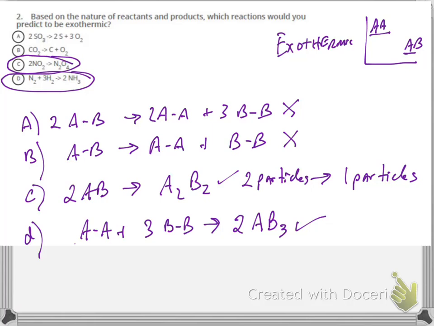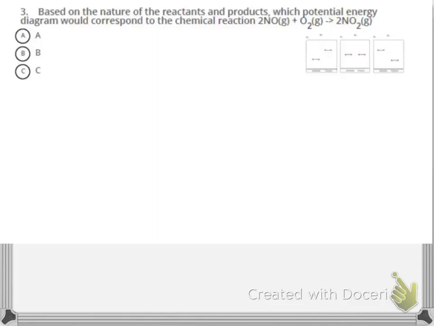It's really going to come up in a lot of activities and on exams. Here we have the same type of question, but now we have a diagram that we need to interpret. If we convert the chemical reaction into AA and AB, we have 2AB plus BB to make 2AB2.